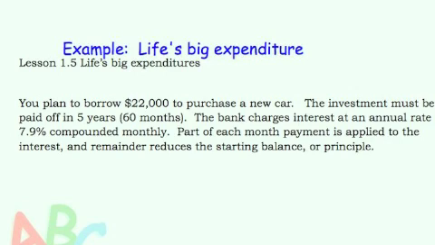That means that part of each month's payment is applied to the interest first, and then the remainder reduces the starting balance, or what is known as the principal in banking terms. Again, please look at your worksheet that was handed out during class and follow along.